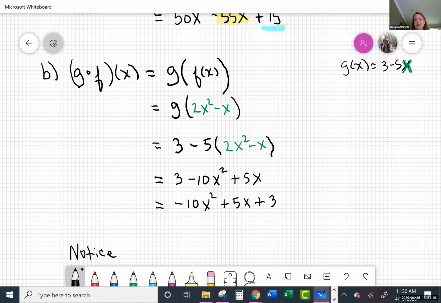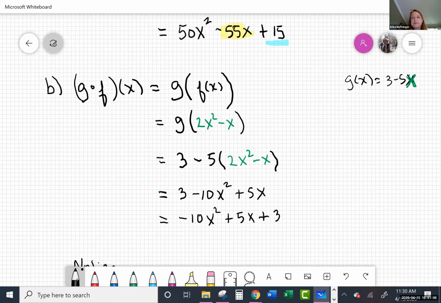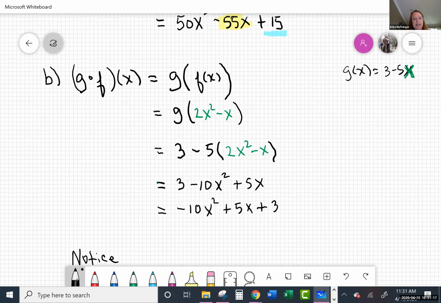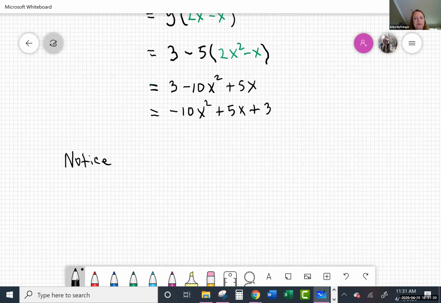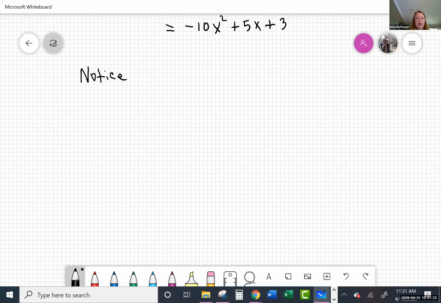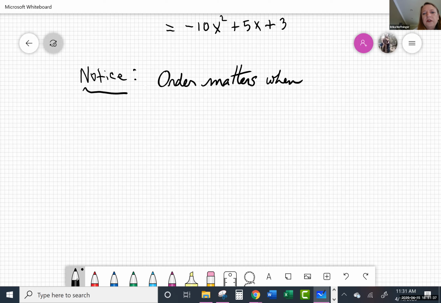So notice, composition, order matters. The one above, when we looked at f of g of x, is not the same as if we got g of f of x. And usually that's the case unless they're special functions, which are normally inverse functions of one another, but you're going to have to wait for that. So notice order matters when taking the composition of two functions.